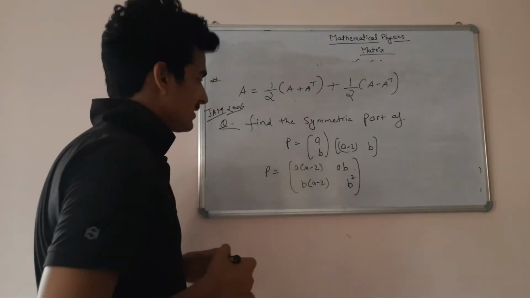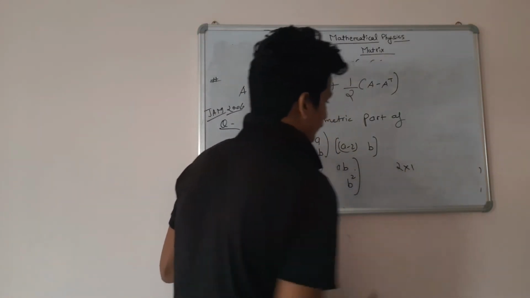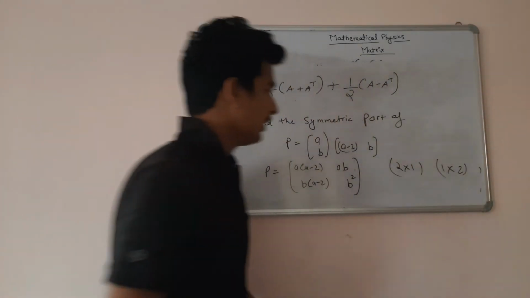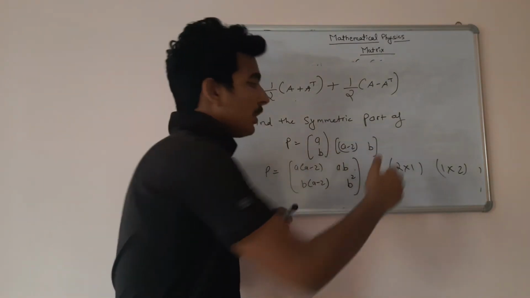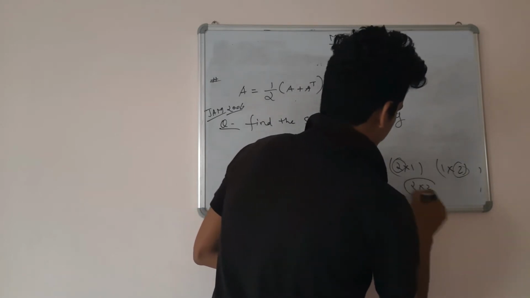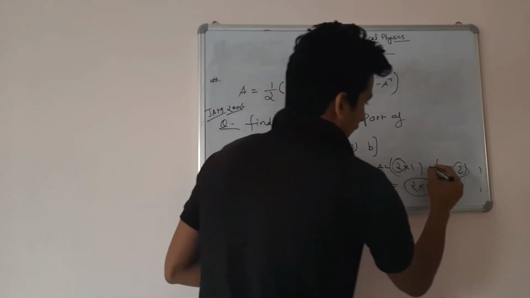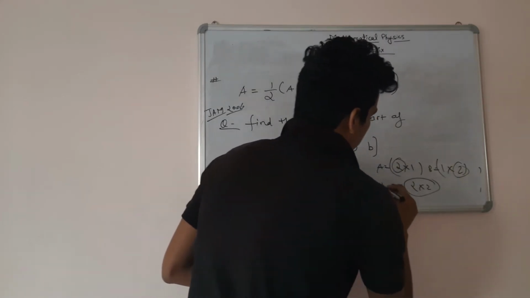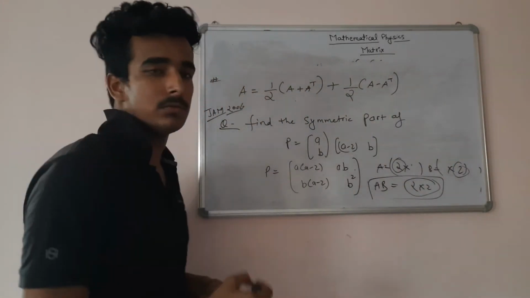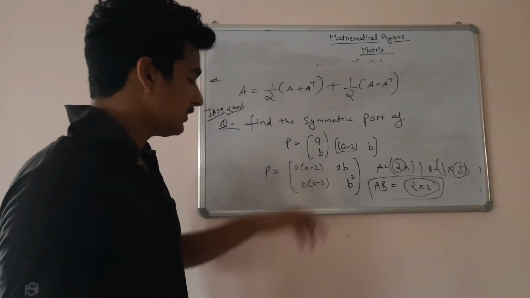I also want to add that if this matrix has order 2 by 1 and this has order 1 by 2, then what is the order of the product of these matrices? This is 2 by 2. If one matrix has this order and another matrix has this order, then the product has that order. So this is our matrix.